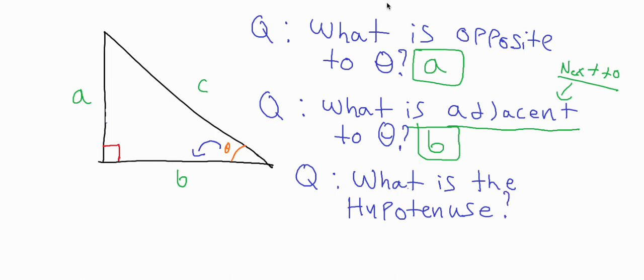So what is the hypotenuse? Now, using your knowledge of geometry and the Pythagorean theorem, the hypotenuse is, first of all, known as the longest side. Let me draw the arrow here. Longest side of the right triangle.